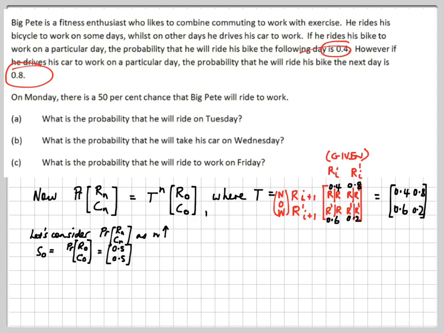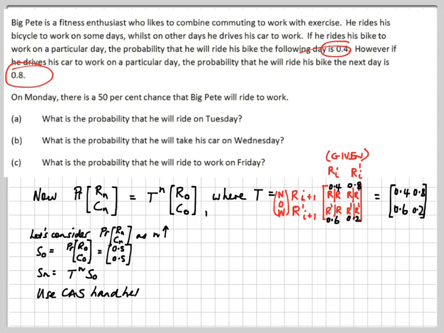Yeah, it was. Depending on how he feels when he gets up on Monday morning, which ain't that good sometimes. Yes, so therefore the nth state after n transitions equals T to the n times the initial state matrix. Okay, you still on board?